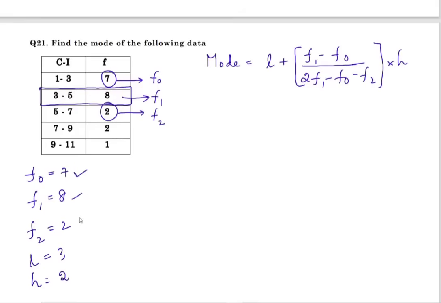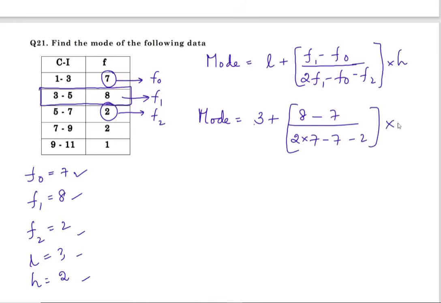Now substitute the values in this form: mode equals L plus, L is 3, plus F1 which is 8 minus F0 which is 7, divided by 2 into F1 which is 8 minus F0 which is 7 minus F2 which is 2, into H which is 2.